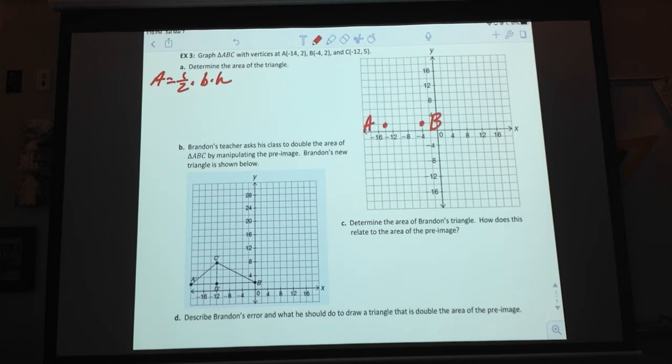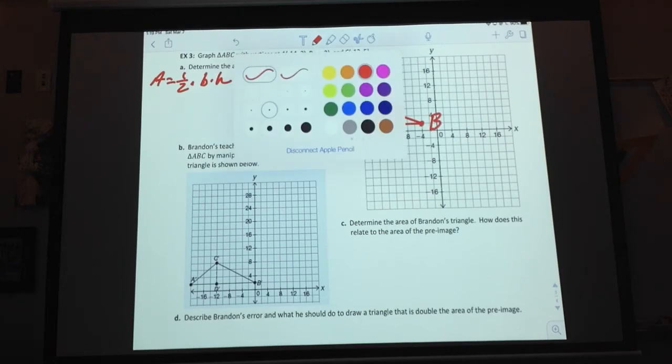About halfway between 4 and the 6. So this is C. Now that's my triangle ABC. Now we want the area of this.